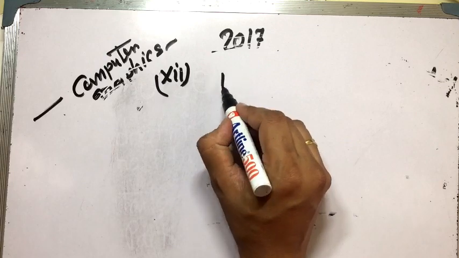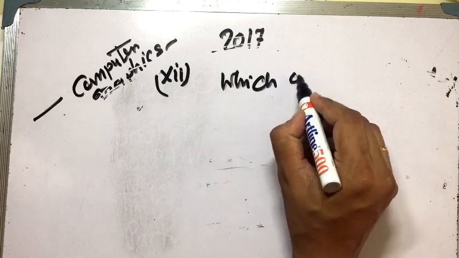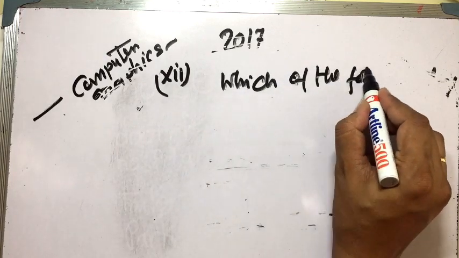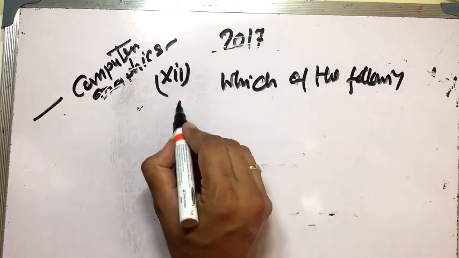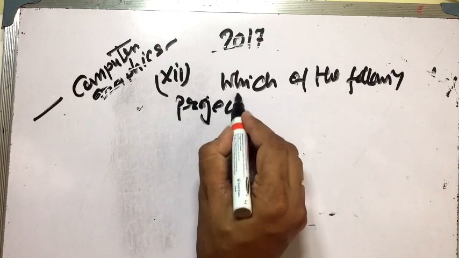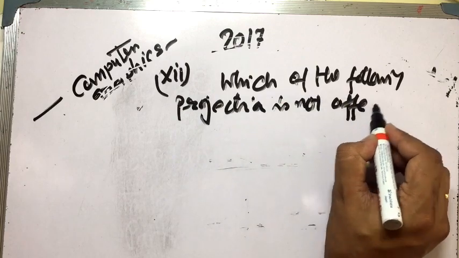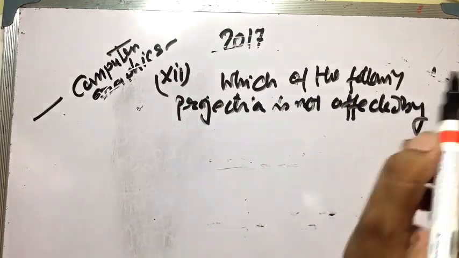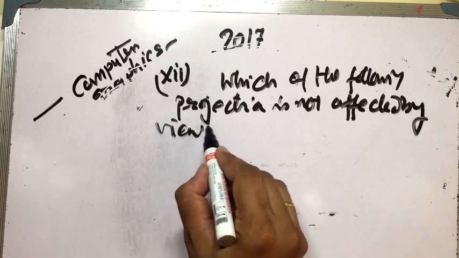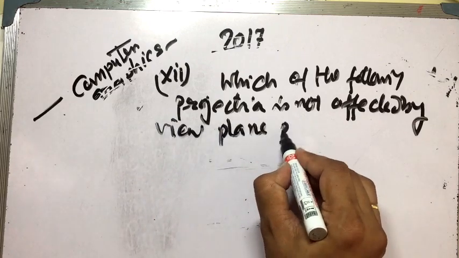Then the 12th and last question. Which of the following projections is not affected by view plane positioning?